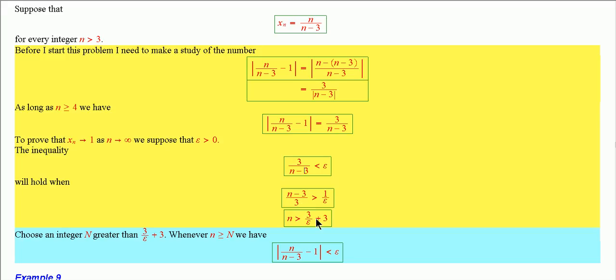Fiddle the inequality. Now you can see for which n's this happens. Right, choose an integer big N above there. For every n at least big N, this inequality holds. That is exactly the statement that the distance from n over n minus 3 to 1 is less than the prescribed epsilon. That's how this works.